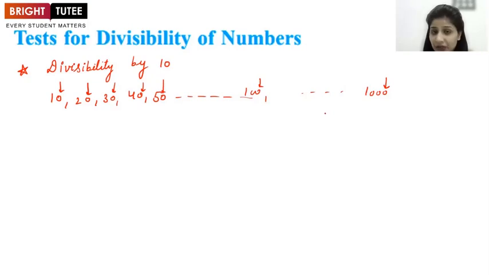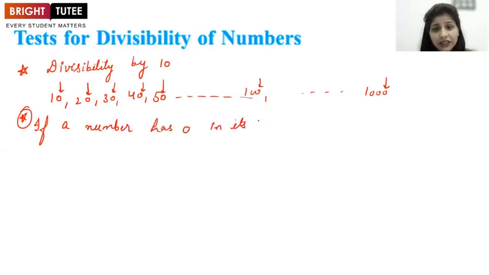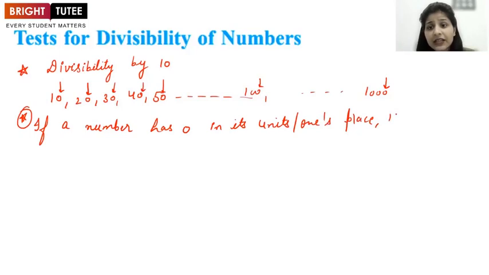So what is the conclusion, or what is the test that we can do? If a number has 0 in its units place, or ones place, it is divisible by 10.